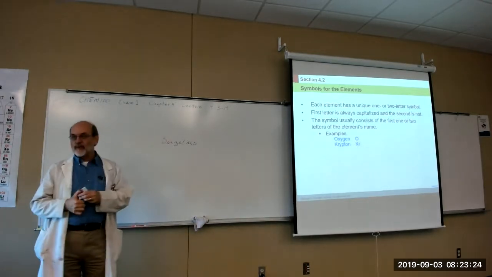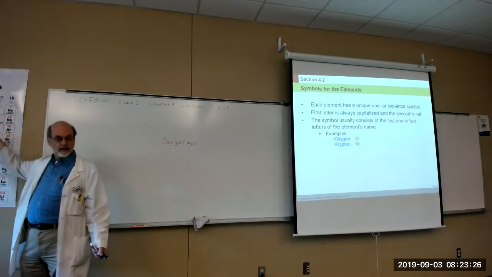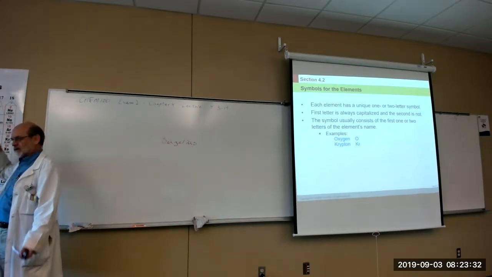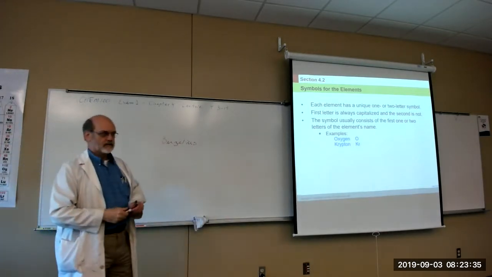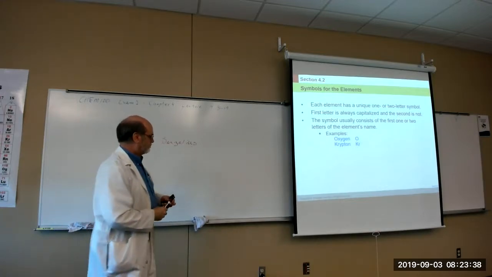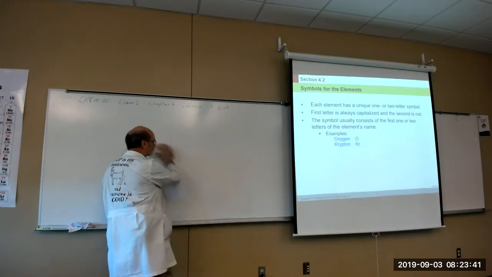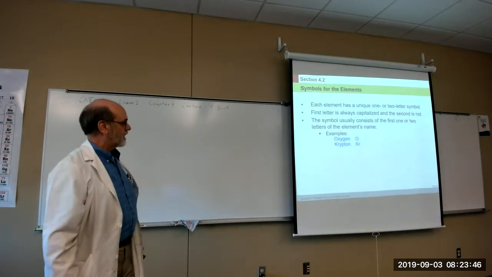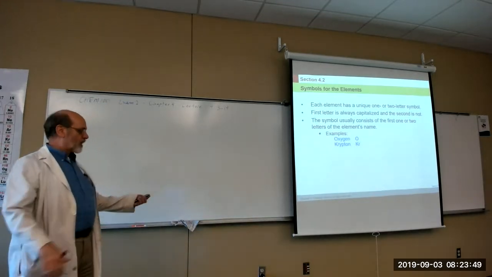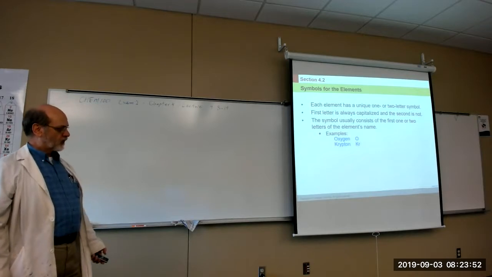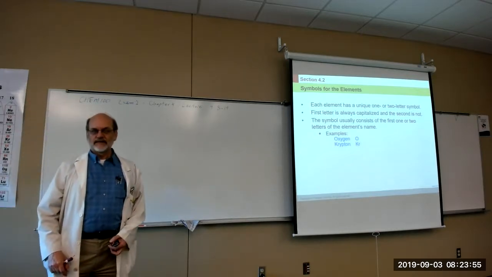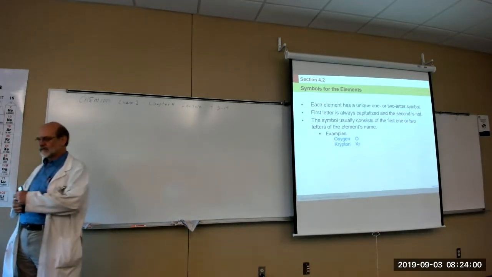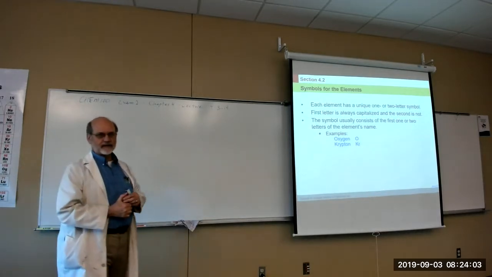Berzelius. He proposed our present method, and I'm glad he won because some of the others are really weird. So he just said, let's just use letter symbols. You know, keep it simple. Your book might go into more detail about him than I've got time to. So O for oxygen, Kr for krypton. What if we only have one K? It's not krypton anymore, right? Well, it's potassium, right? Yeah, potassium or kalium for the Latin.